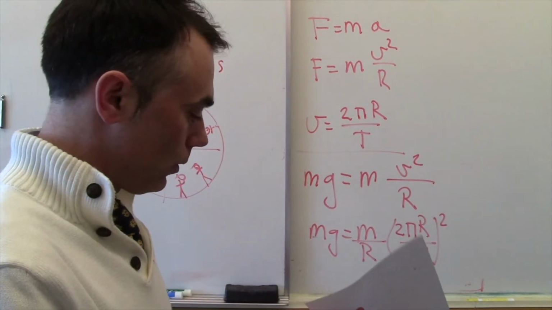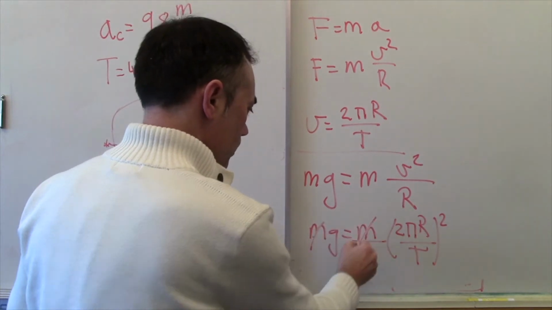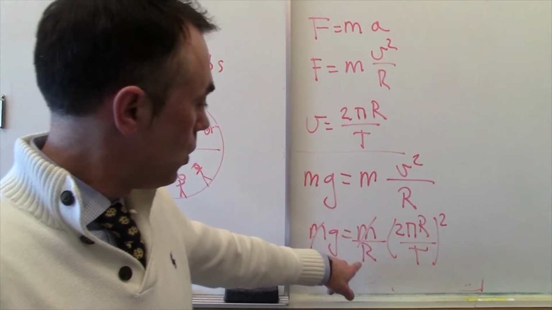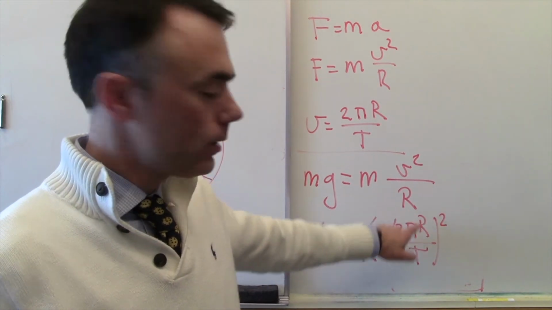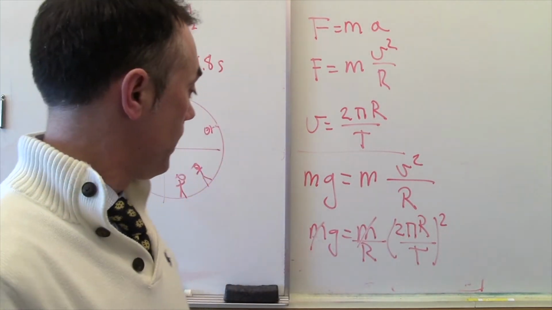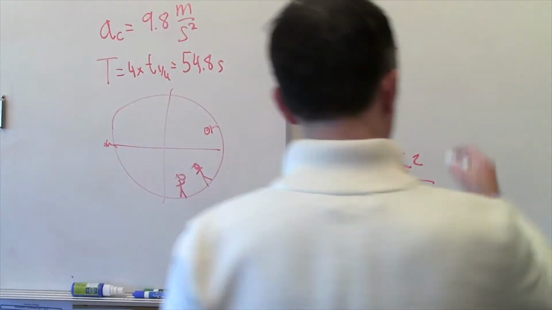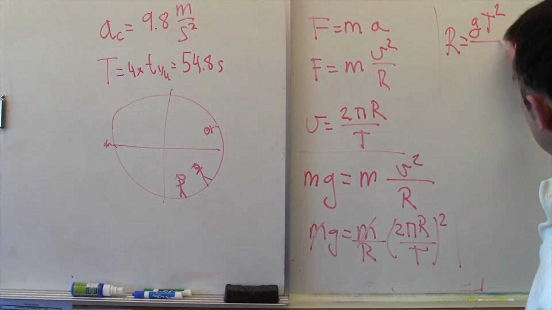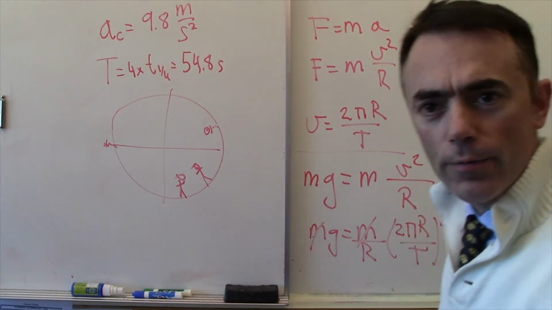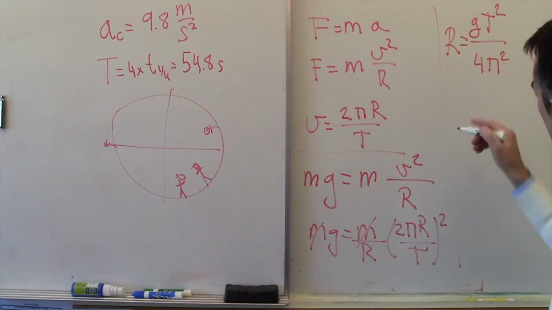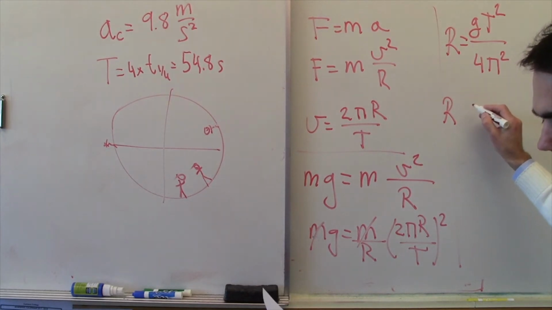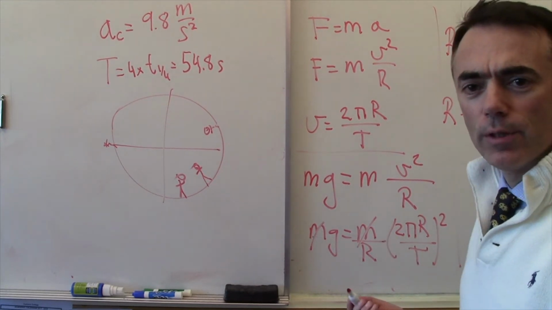Now look that we cancel the masses and we have g, which we know, r, which we want to calculate, and T that we have measured. If you solve this for r and use the calculator, you will get that the radius is 750 meters.